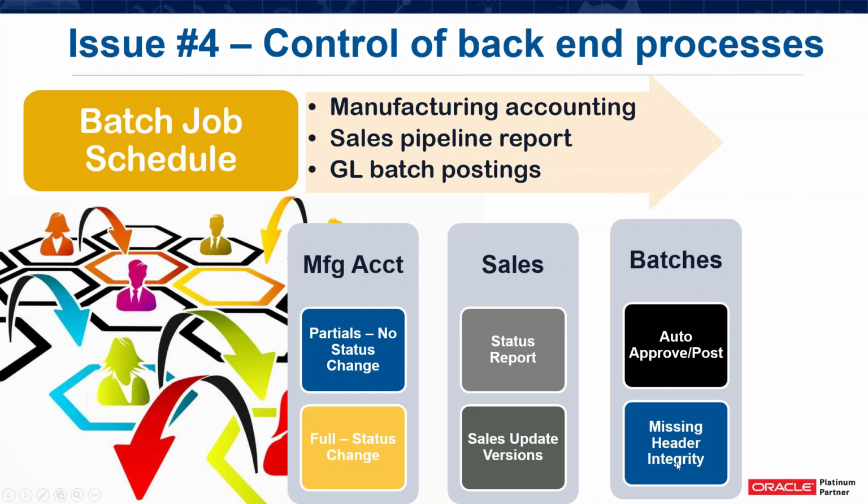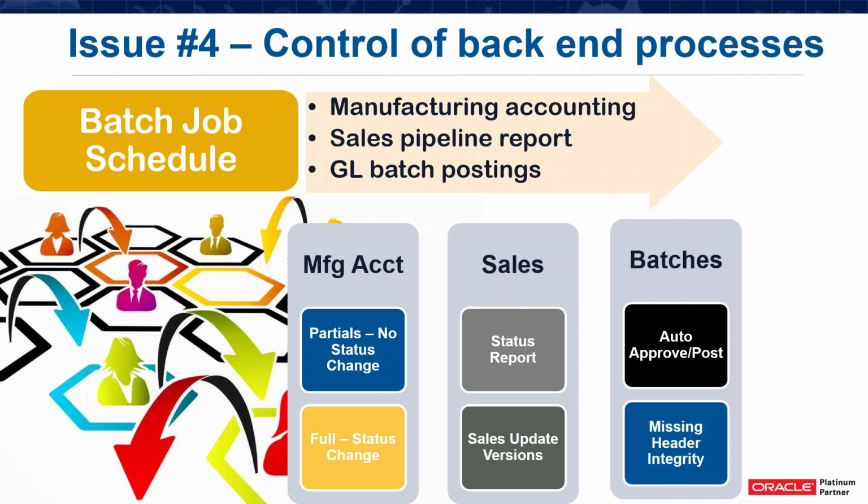And also, there is a missing batch header integrity report that's quite helpful. And this report can actually recreate headers for you. So if you've ever run into that where you're missing a batch header, that means if I go onto the JD Edwards screen, there's a batch out there that's not posted, but you can't tell from the screen because if the header isn't there, it doesn't show up.